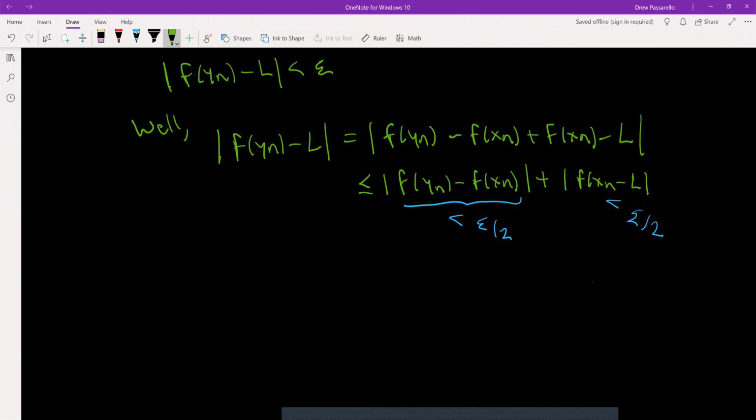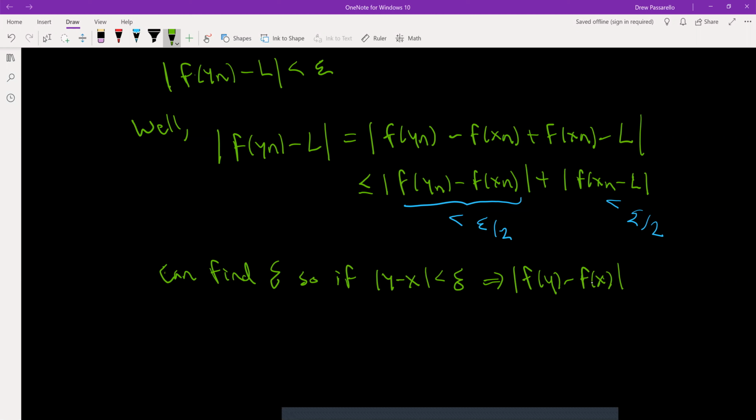We need to find delta such that if the absolute value of x minus y is less than delta, then the absolute value of f of y minus f of x is less than, let's say, epsilon over 2.